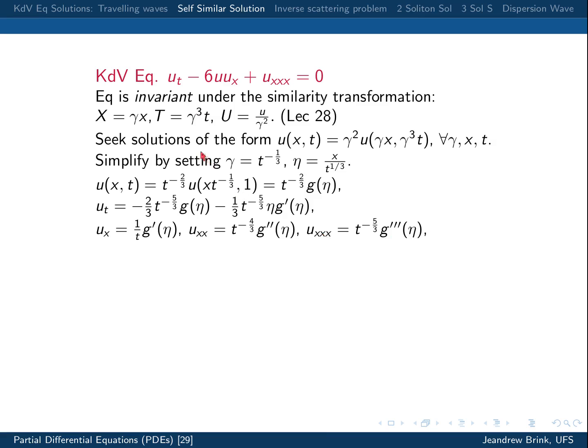We take this and substitute it back into this KdV equation, and what we then get is this equation.